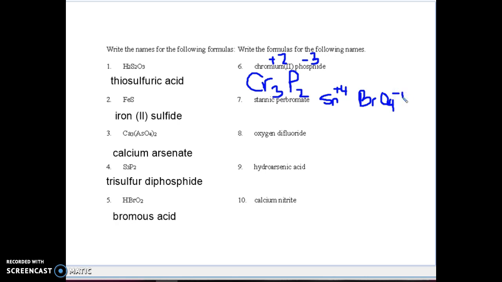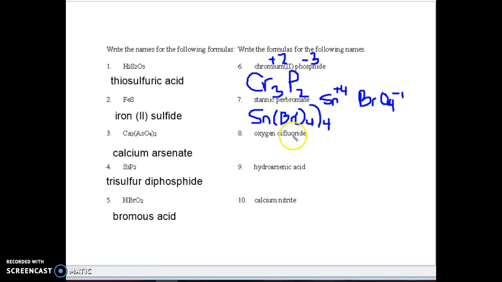So when I put those together, I'm going to have Sn and then BrO4 inside my parentheses, and then I'm also going to have a 4 outside my parentheses. Again, sorry for the sloppy handwriting.